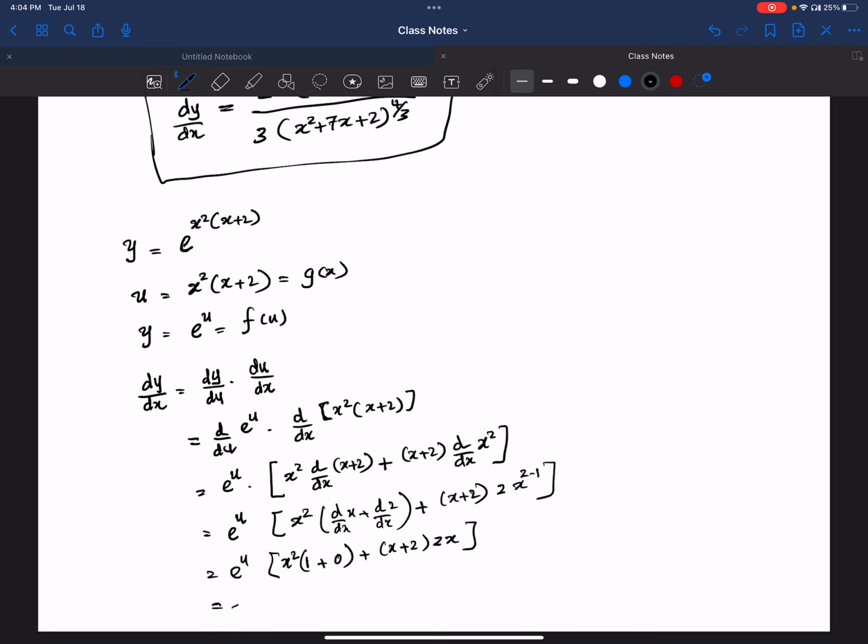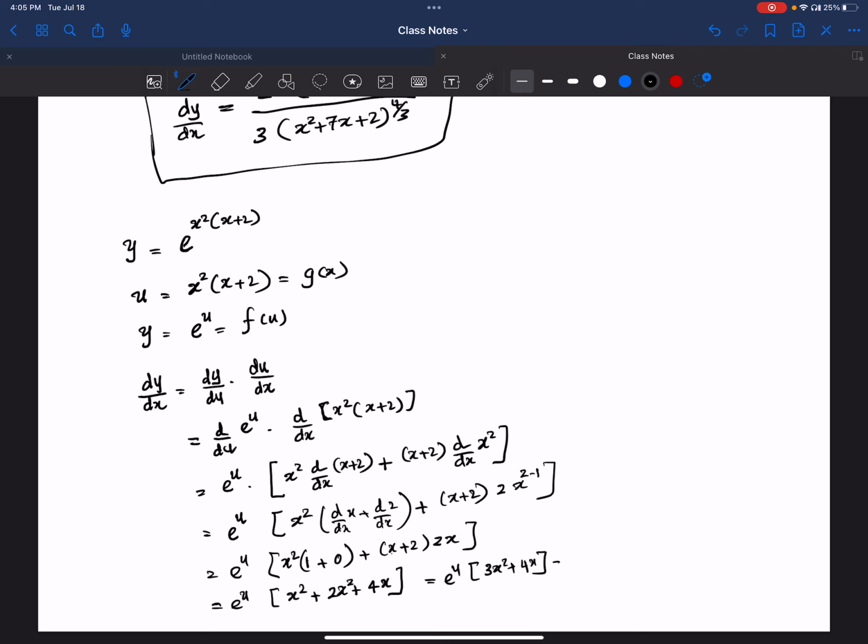So you have e to the power u here: x squared plus 2x squared plus 4x, so this is 3x squared plus 4x, and this e to the power u times 3x squared plus 4x.